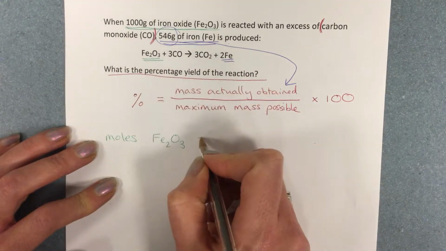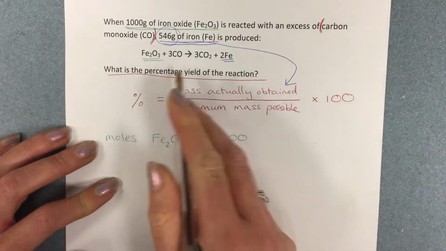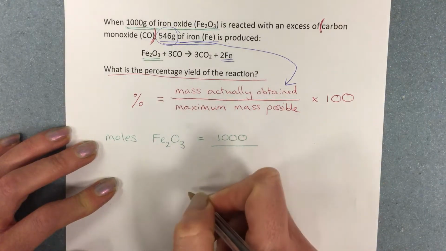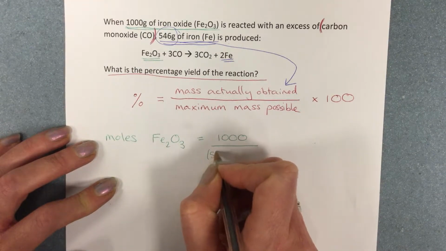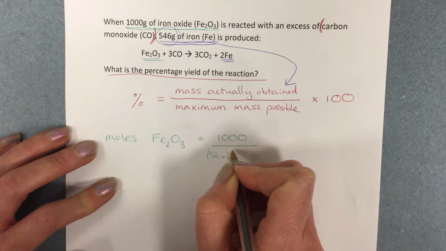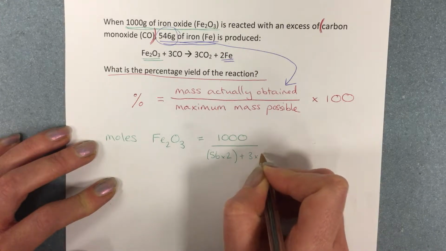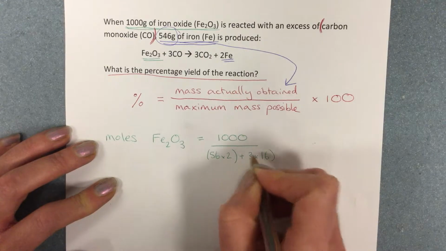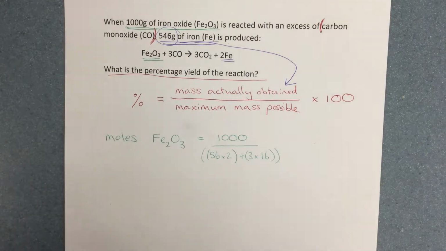I've got mass in grams, it's 1,000 grams, and the mass of 1 mole, I'm going to add up my 2 irons, which is 56 times 2, and my 3 oxygens, which is 3 times 16. Add that all up, comes to 160.